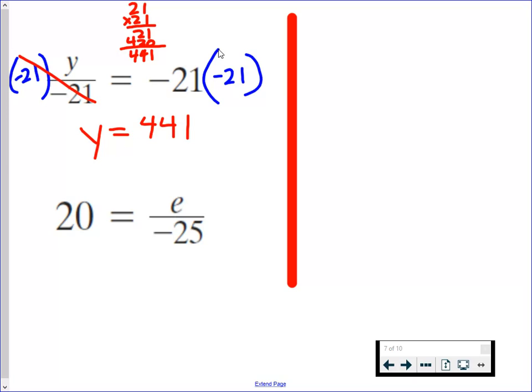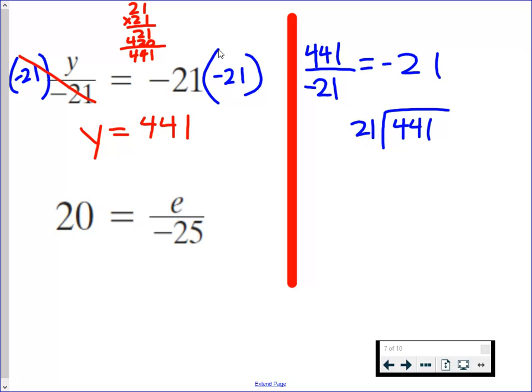Well, I just made a mistake in my side problem, so now I'm not feeling very confident in my answer. Good thing I have a check side to help me with that. 21 fits into 44 twice.